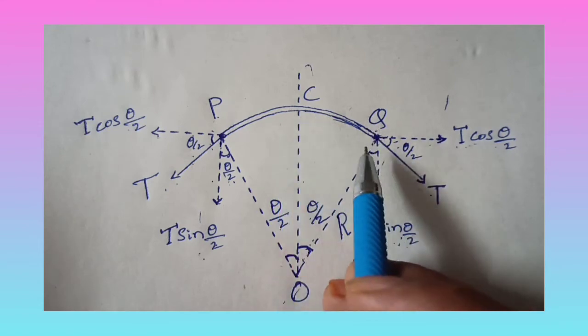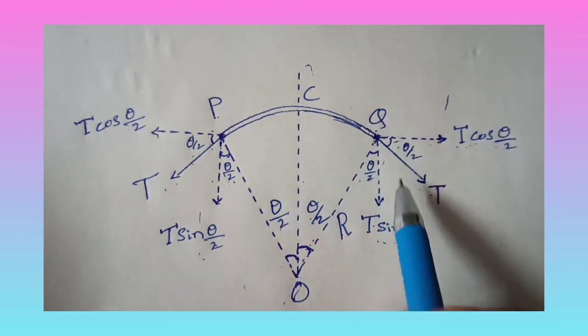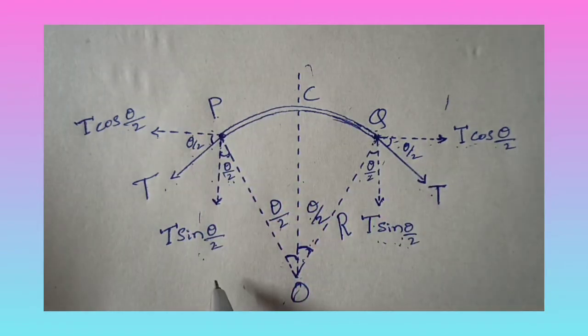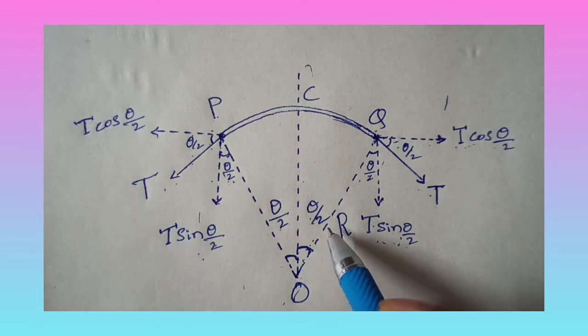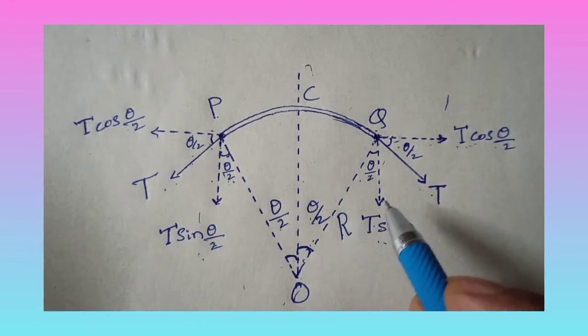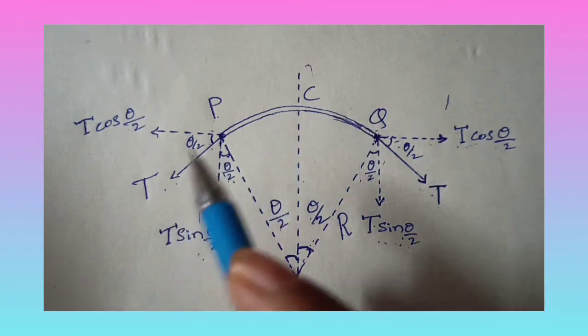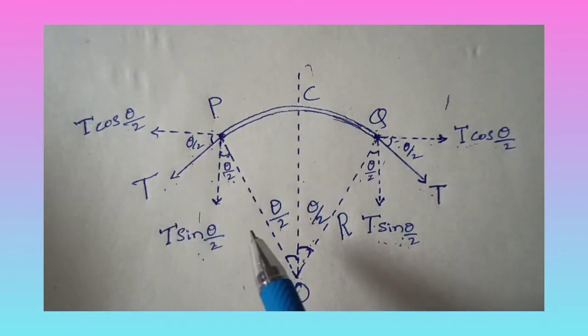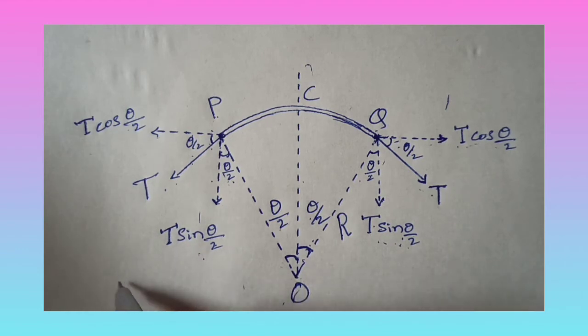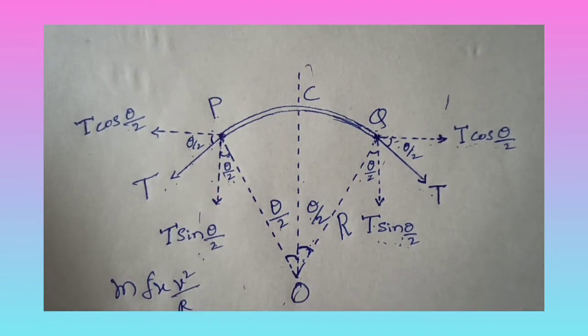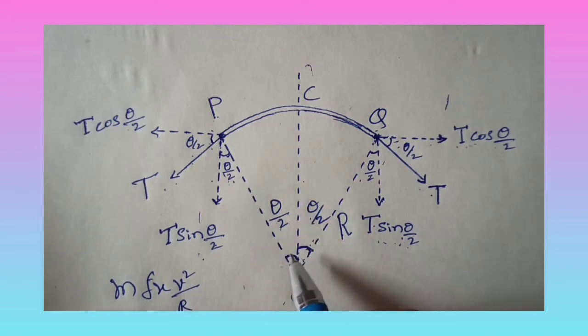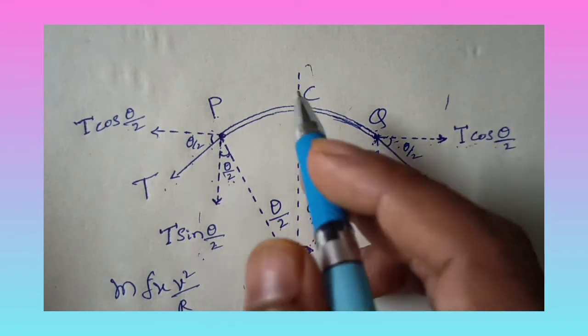So as this portion is moving on a circle of radius r with velocity v, it experiences a centripetal force, that is m delta x v square by r, which is directed towards the center, along CO.